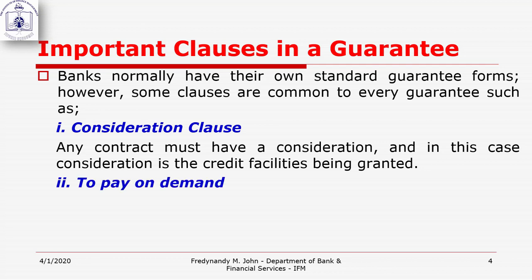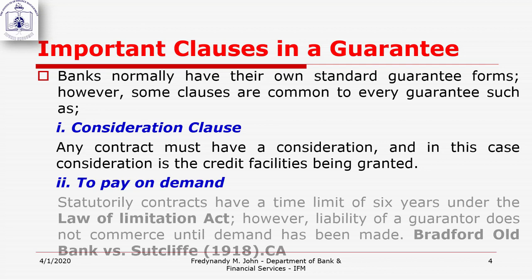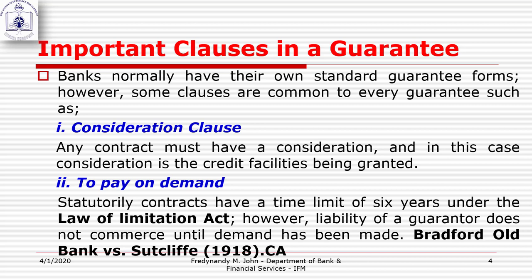Clause number 2 is to pay on demand. Now, here there are some issues that we really need to understand before we could move any further. Remember, statutory contracts have a term limit of 6 years under the Law of Limitation Act. But this does not go parallel with the contract that has been signed, the main contract.